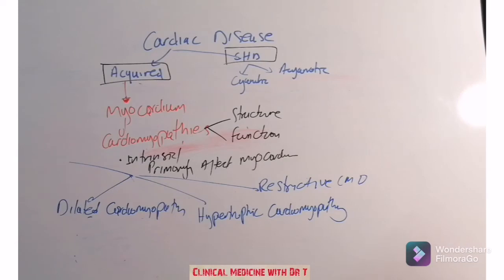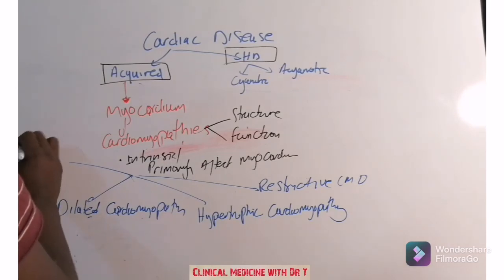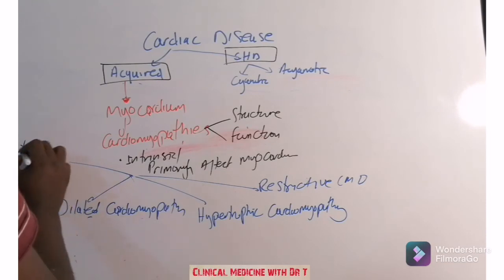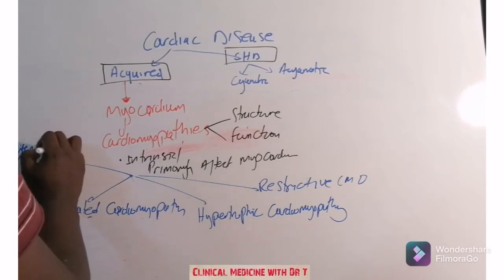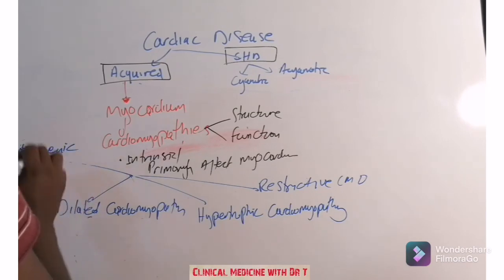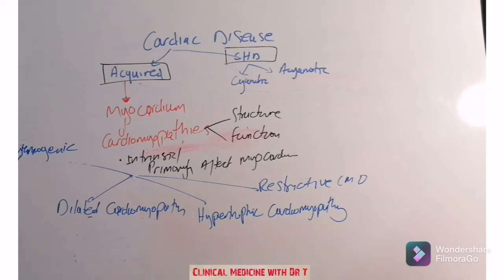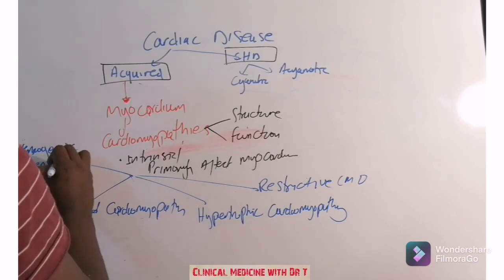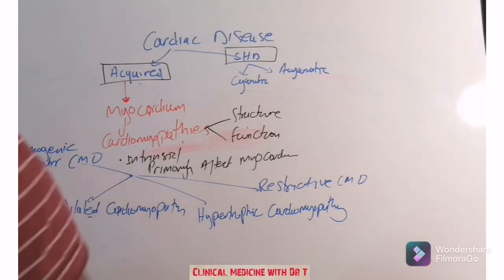Then we have arrhythmogenic right ventricular cardiomyopathy.